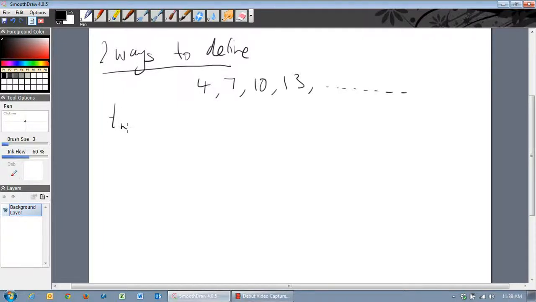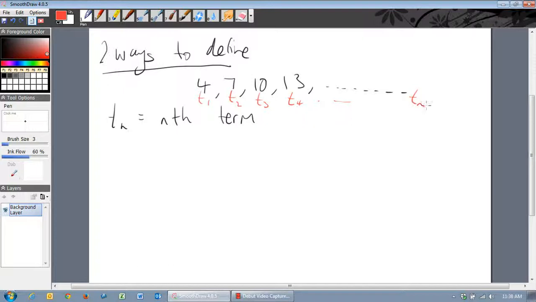Firstly, let's let Tn, that just means that's the nth term. Okay, so looking at this bunch of stuff here, that's the first term there, so that would be T1. That's the second term, T2, third term, fourth term, etc.